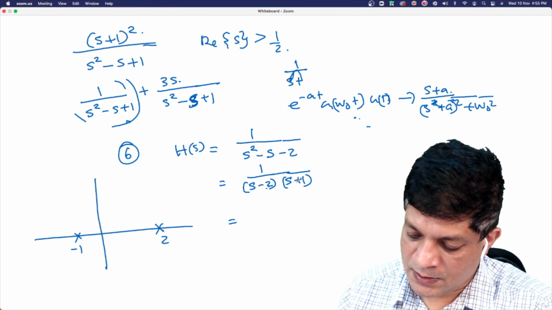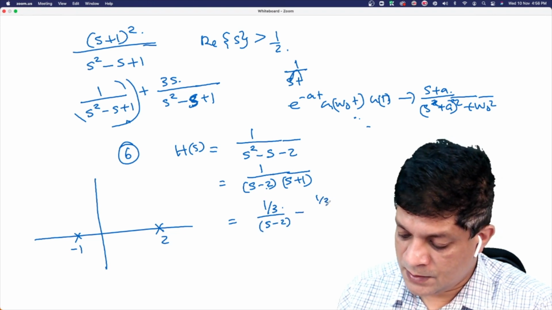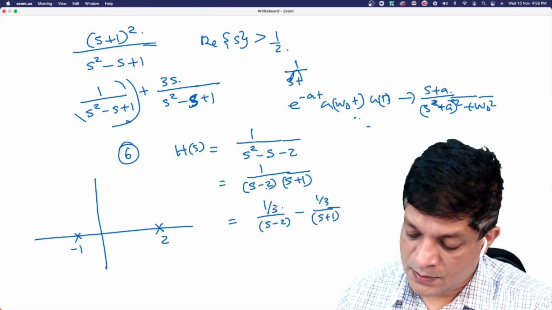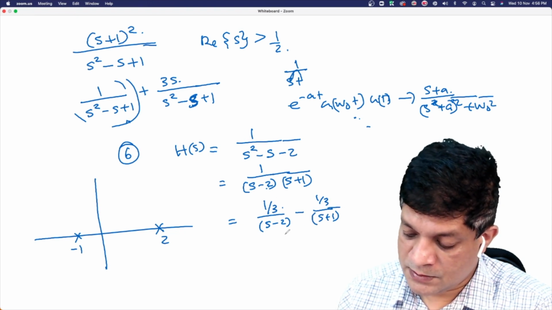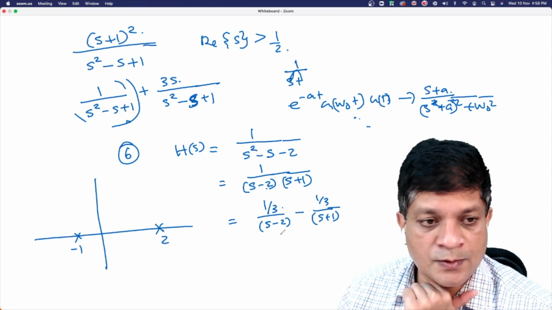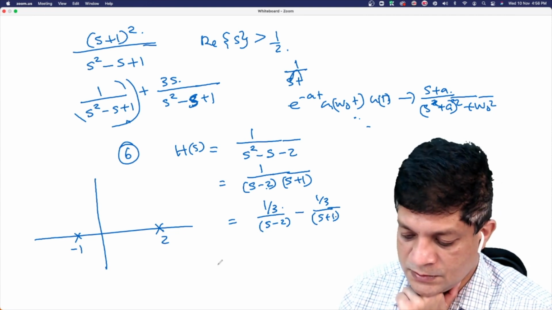So we can use partial fraction expansion. I think it is 1 by 3 into 1 by s minus 2 minus 1 by 3 into 1 by s plus 1, isn't it? Now for the three different cases, you have to find the inverse.